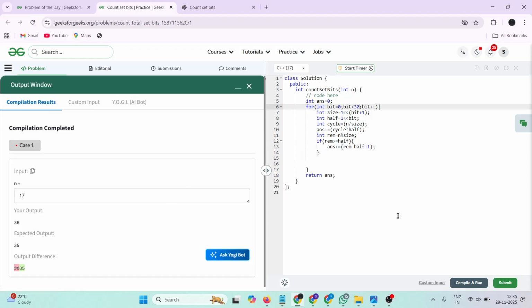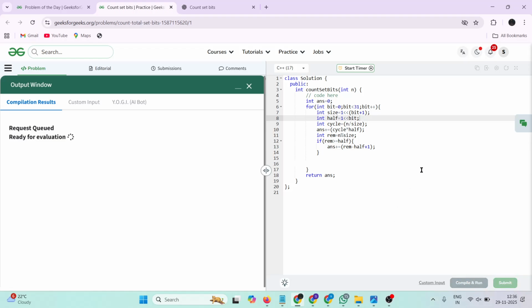What can be the issue? I think it is going out of range, so that might be creating the issue. So we can make it smaller, or we can make it long. If bit goes up to 31, then 31 plus 1 is 32, so this is going to create the issue. So now I think it should work.